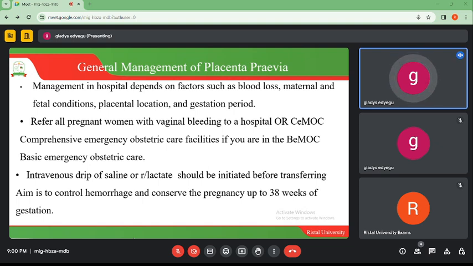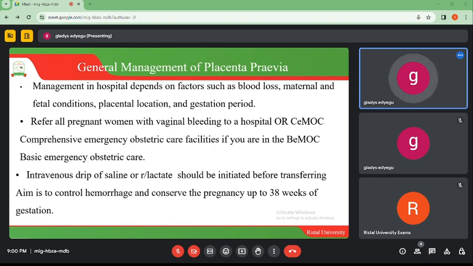Then also we need to refer all pregnant women with vaginal bleeding to a hospital or to a CEmOC facility. CEmOC is basically comprehensive emergency obstetric care. BEmOC is basic emergency obstetric care.